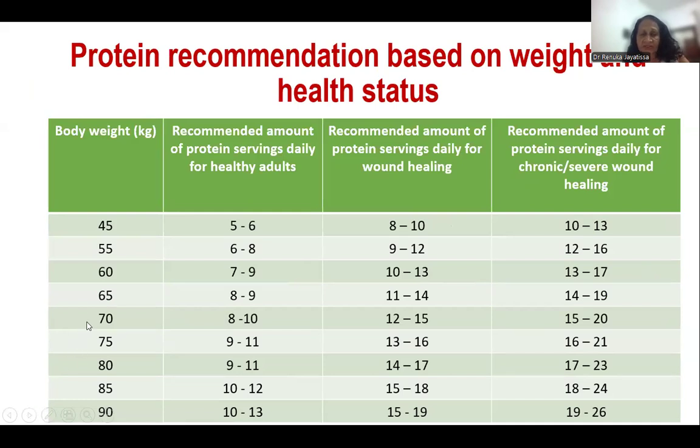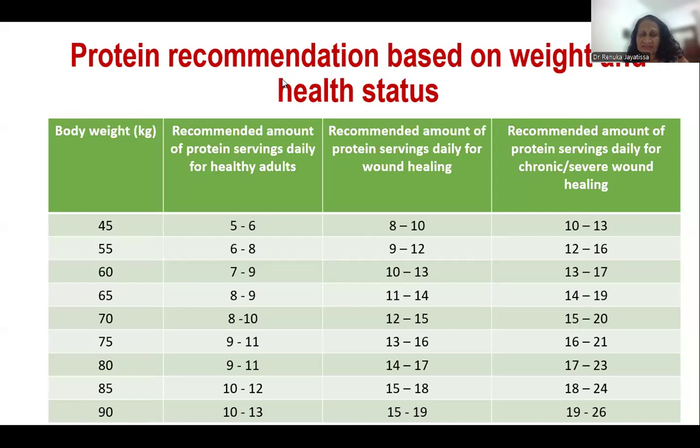So you don't need to worry too much about calculation. This is an easy table for you. If you know the person's body weight, you can look at how much protein servings healthy adults need. A serving is in the sense of what we put onto our plate from the pot.